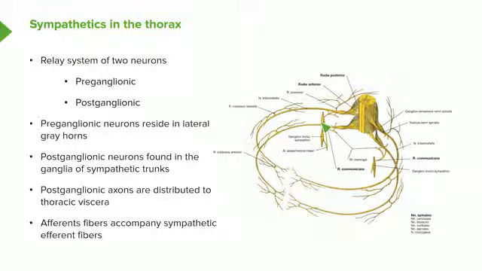Postganglionic axons from those neurons then are distributed to thoracic viscera, and in many cases what's going to happen is they'll leave the sympathetic ganglion, perhaps at the same level in which the preganglionic neuron entered, and come on out, or they may go up a level or two, or they may go down a level or two, and then will have their axons leave at a different level from which they arrived from the preganglionic neurons.